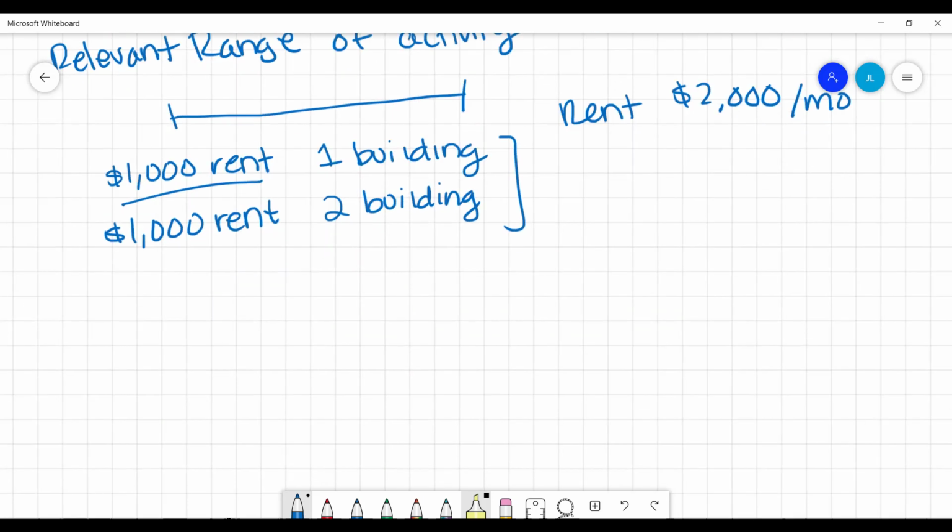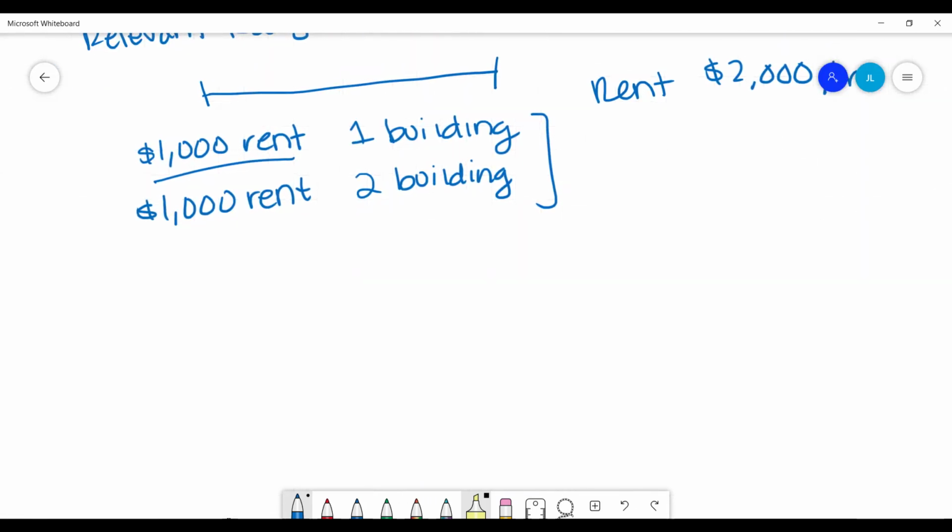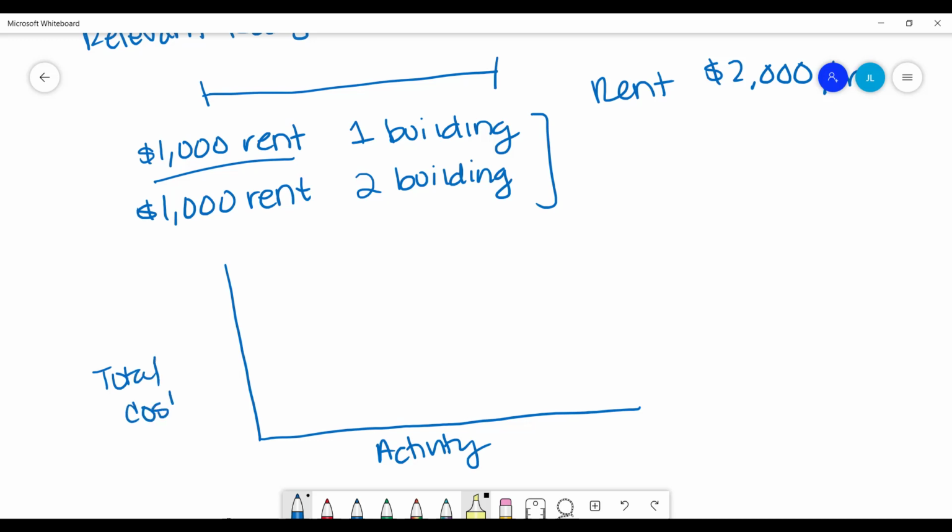From an accounting perspective, if we look at a graph that compares activity and total cost, keep in mind we expect as activity goes up, total cost to go up in general. From an economist's perspective, it really has more of a curvilinear nature to it. But from an accountant's perspective, we just make an approximation of a straight line.